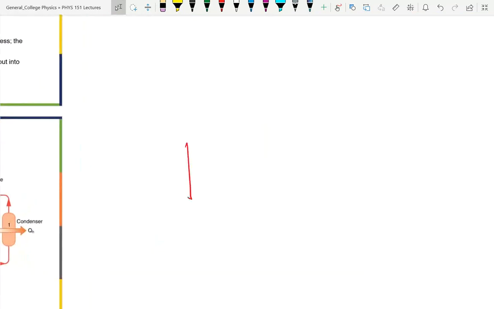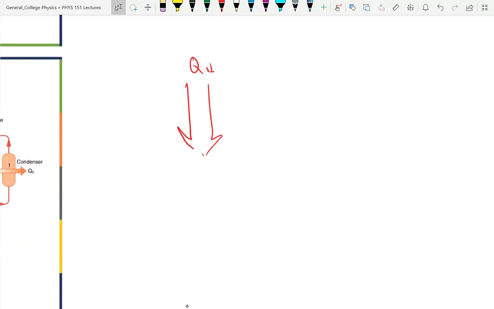For a heat engine, Q hot is in, and then that splits between Q cold and work.